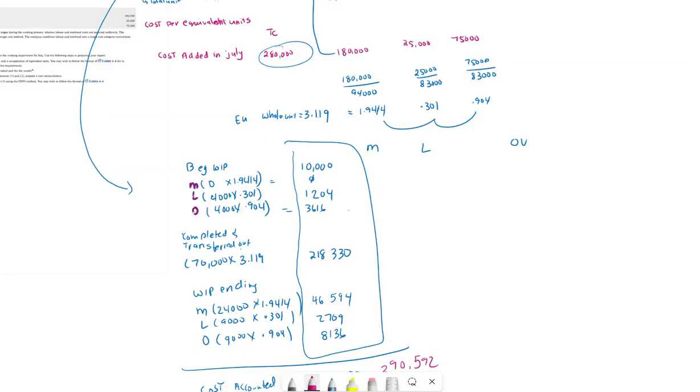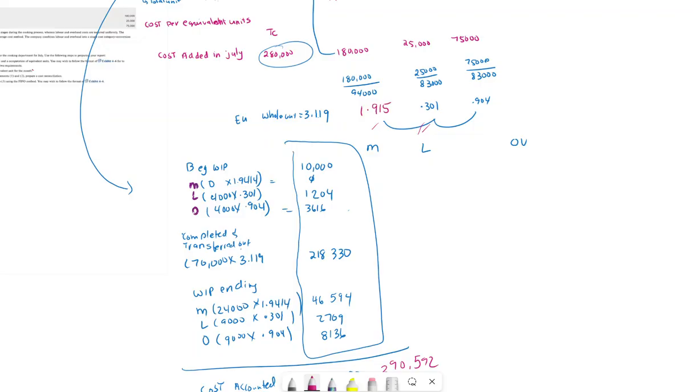The only mistake we could make is mixing up these costs. 180,000 divided by 94,000. Oh, I know. This number should have been 1.9415 instead. Let's check all the numbers. I made a mistake there.